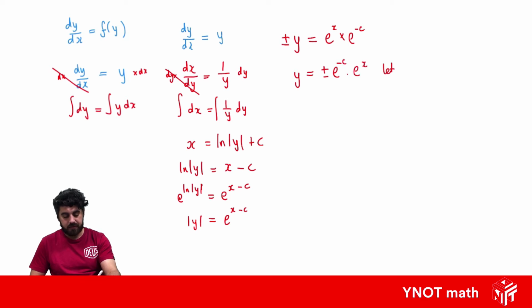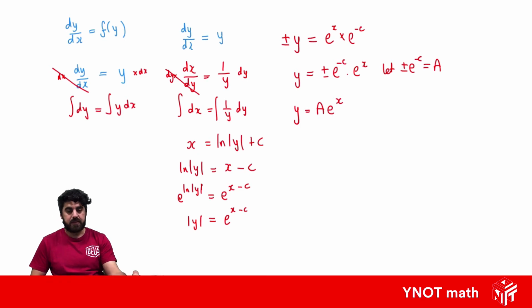And because e to the minus c is just a constant, we can let plus or minus e to the minus c equal a. And this will give us y equals a times e to the x as our solution to the differential equation, for some constant a.